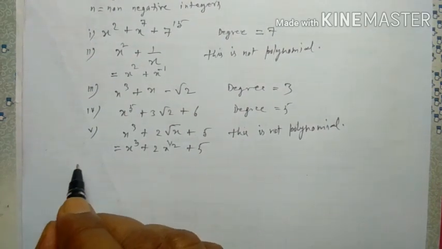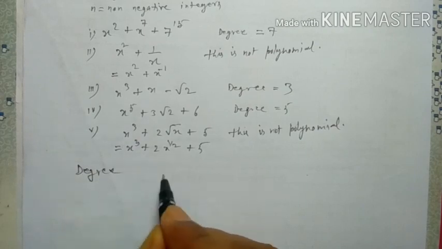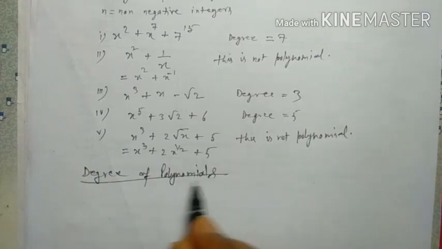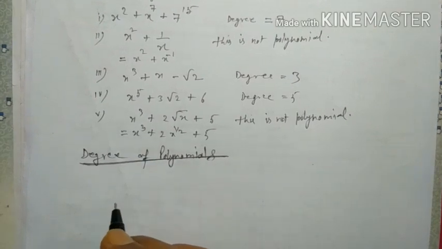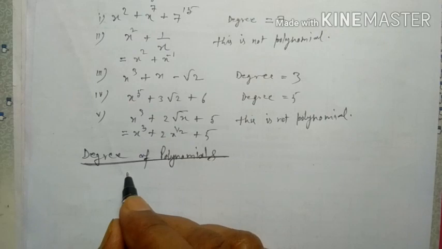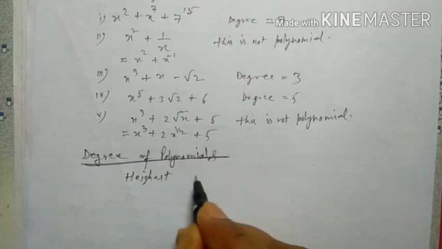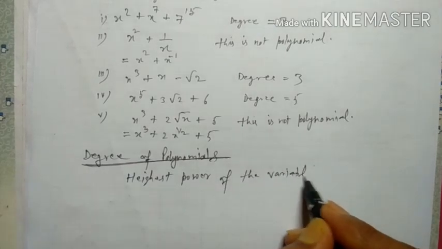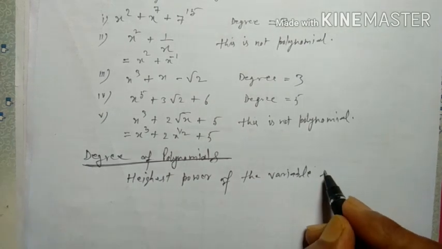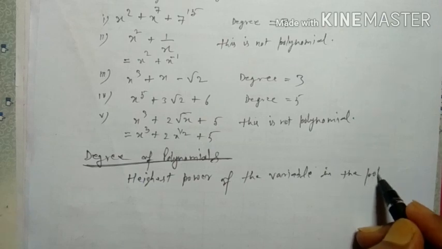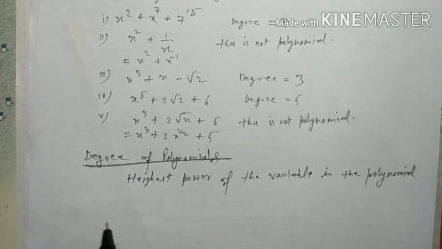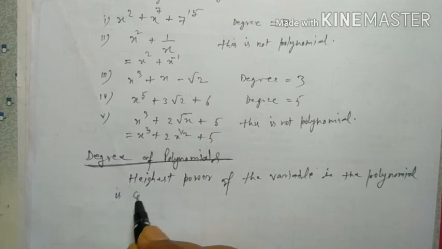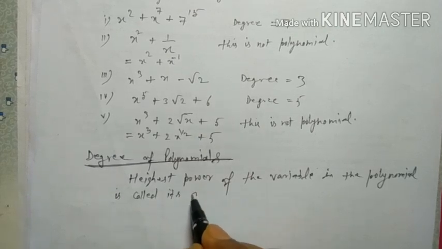Now we will study what is degree. Degree of a polynomial. The highest power of the variable in the given polynomial is called its degree.